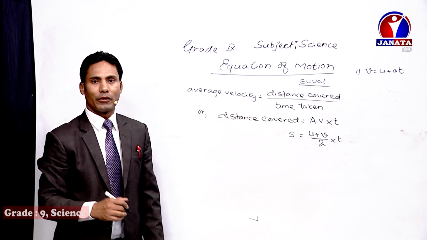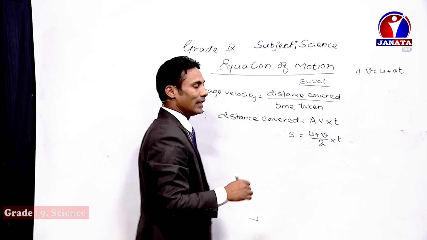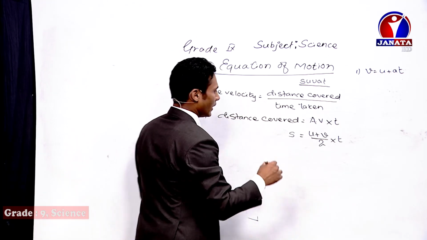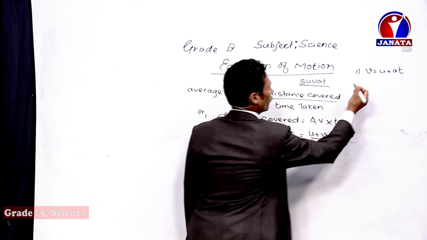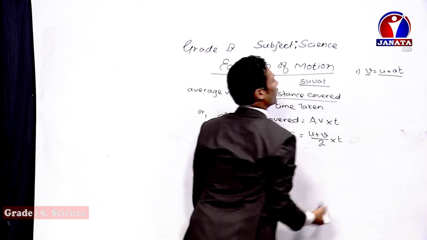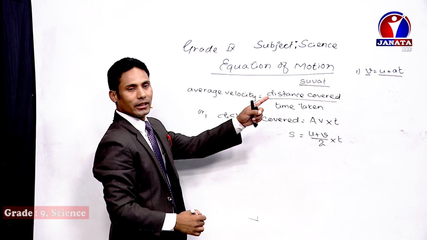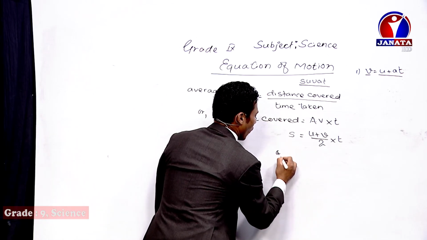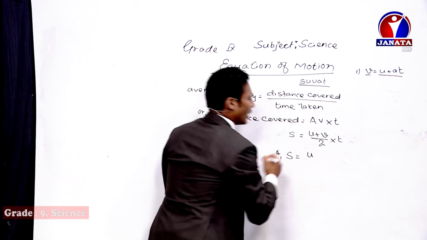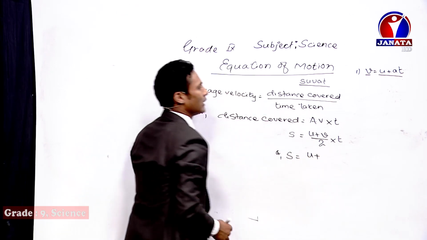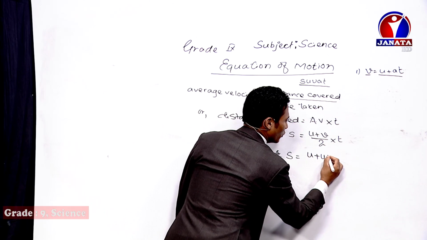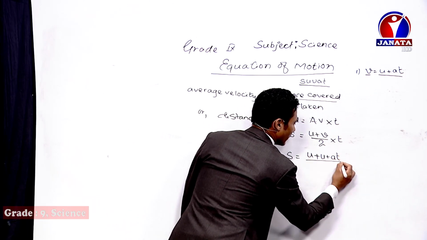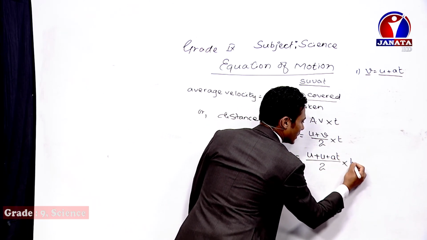Now we are going to derive the second equation. In the second equation, v is absent. So from the first equation, we will replace the value of v here. That is, s equals u as it is, plus, instead of v, we write u plus at, divided by 2, into time.